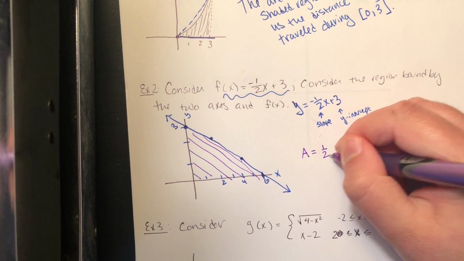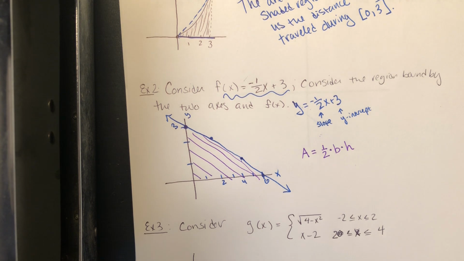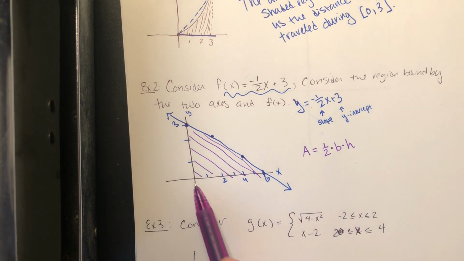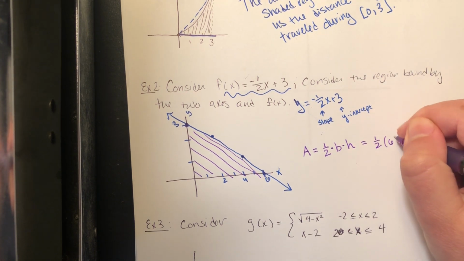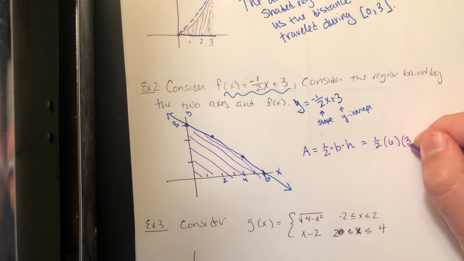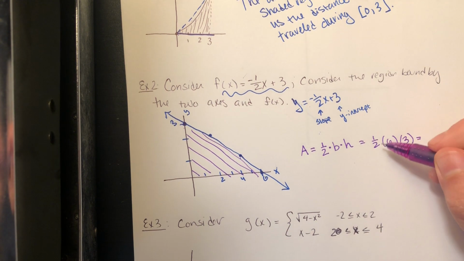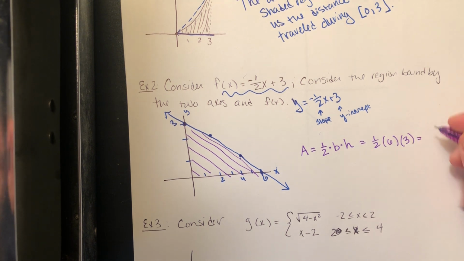If we've forgotten that, it's 1/2 times the base times the height. This is a right triangle, so it's super easy. The base is 6 units, so it'll be 1/2 times 6 times the height, which we see is 3 units. 1/2 of 6 is 3, times 3, which is 9.